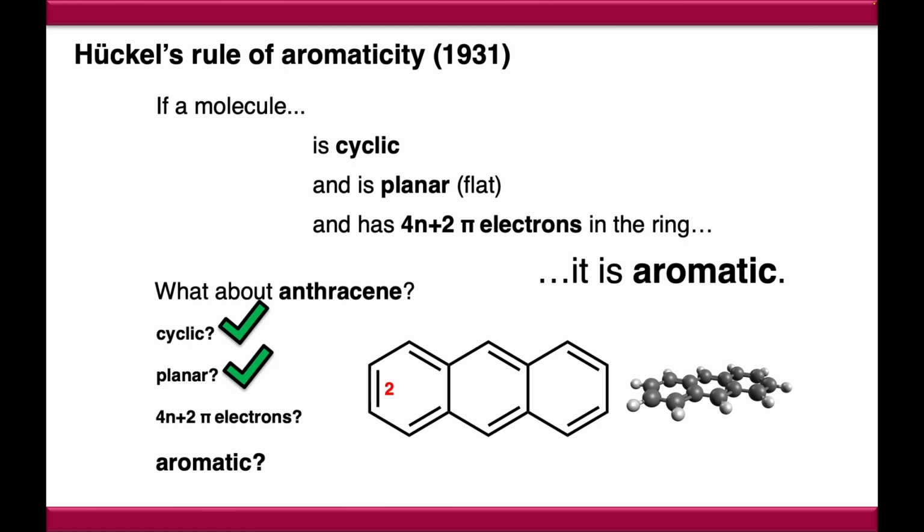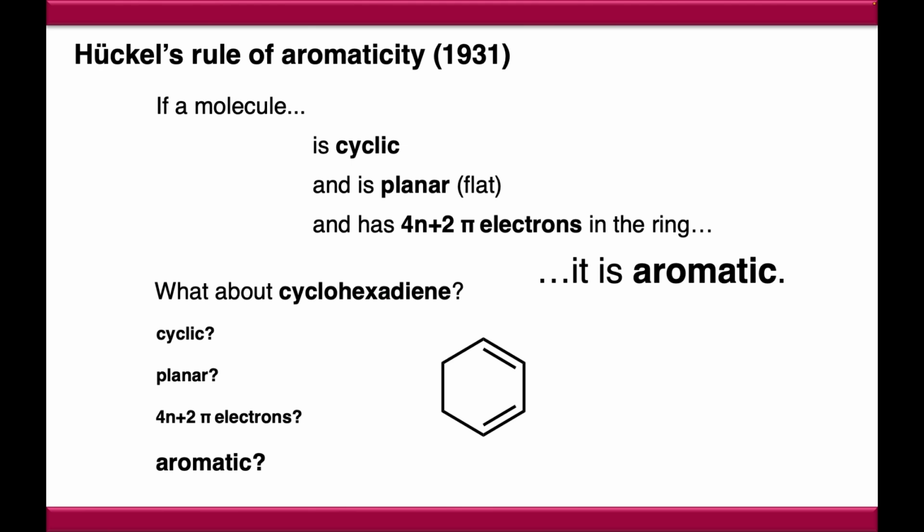Does it have 4n+2 pi electrons? So we've got 2, 4, 6, 8, 10, 12, 14. 14 pi electrons total. 4 times 3 plus 2 equals 14. So it fits the equation. So therefore, it is aromatic. And just to give you one that doesn't work, cyclohexadiene, is it cyclic? Yes, it is. Is it planar? No, it isn't. We've got a saturated section of the molecule now.